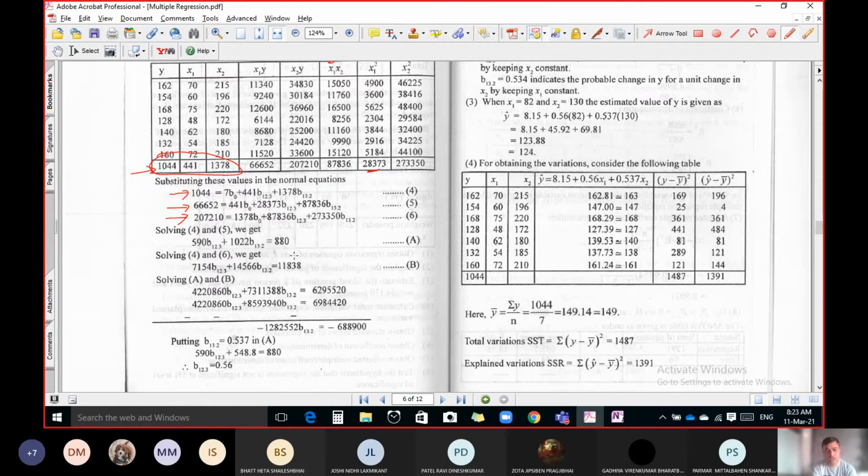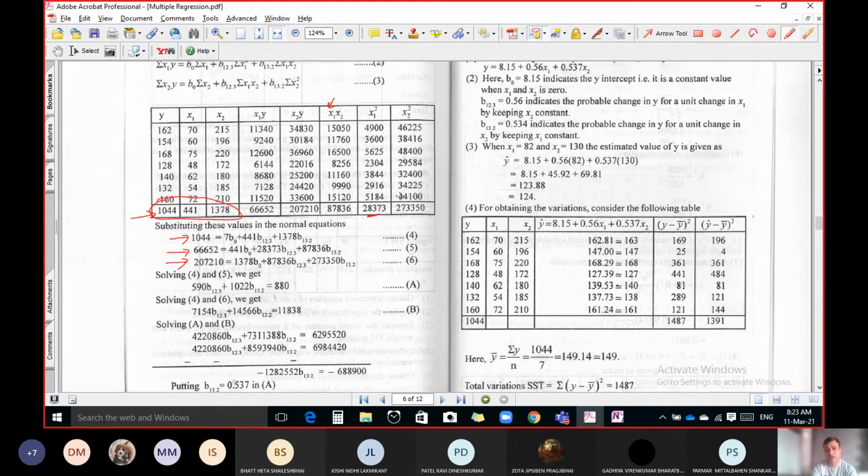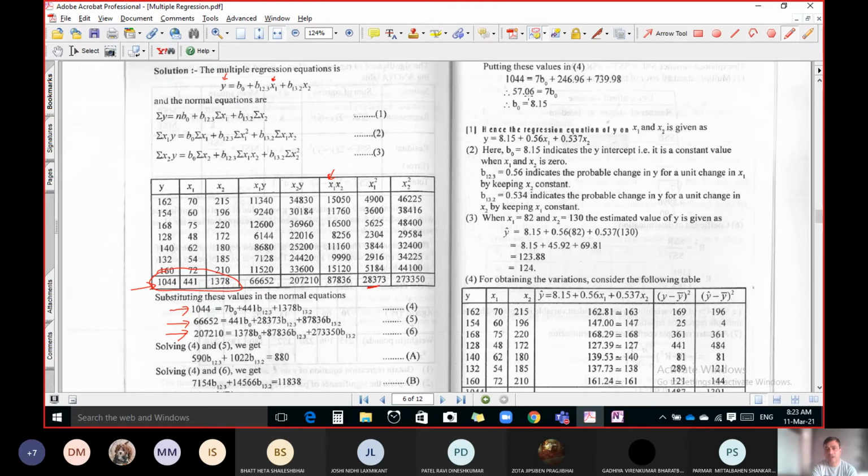Solve these two equations, we get the values of b12.3 and b13.2, and put those values in equation 4, 5 or 6, in any of them, and we get the value of b0. Once we have b0, b12.3 and b13.2, we get the regression line of y on x1 and x2.